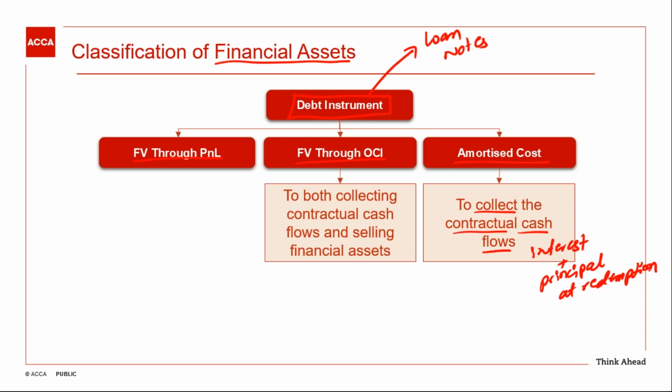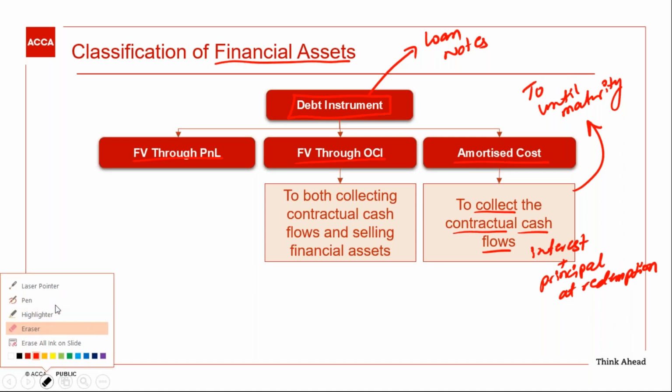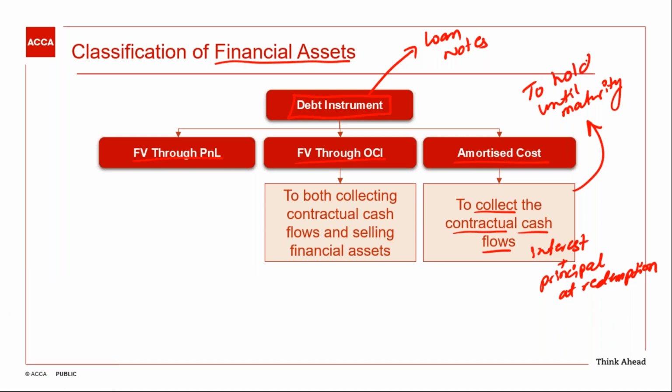So if my intention is to hold the asset until maturity, only then we can classify it in the amortized cost category, which is also known as the business model test.